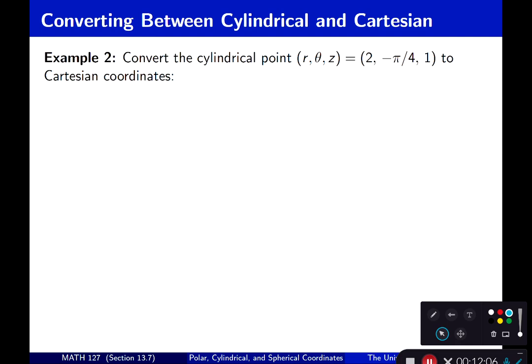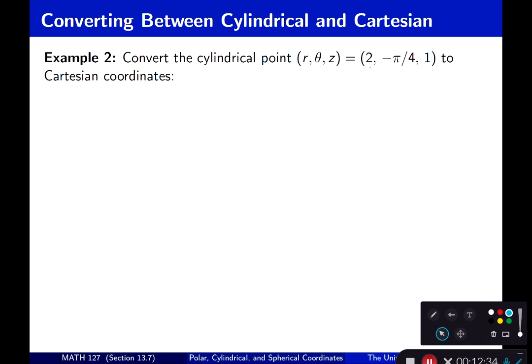Example: convert the cylindrical point with r, theta, z equal to 2, negative pi fourth, and 1 to Cartesian coordinates. So r is 2, theta is negative pi fourth, and z is 1. Z stays the same.